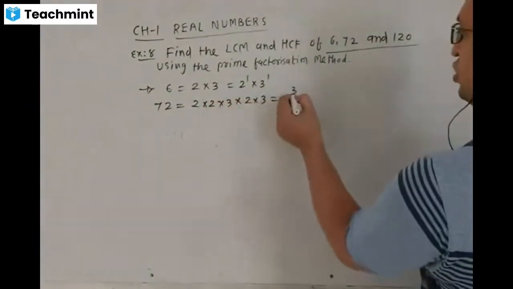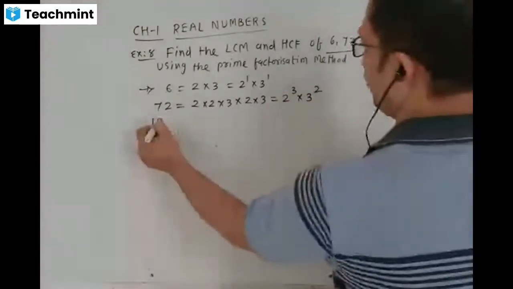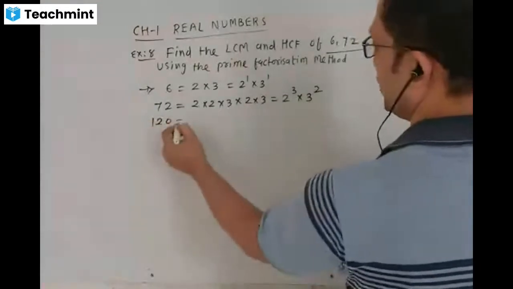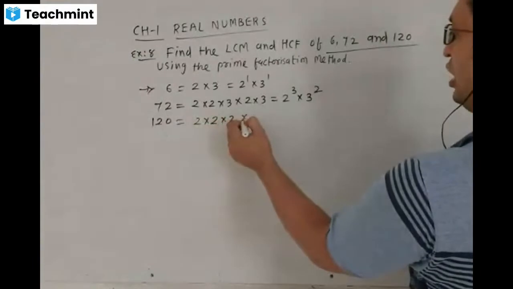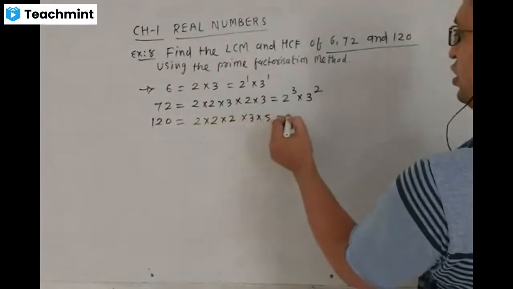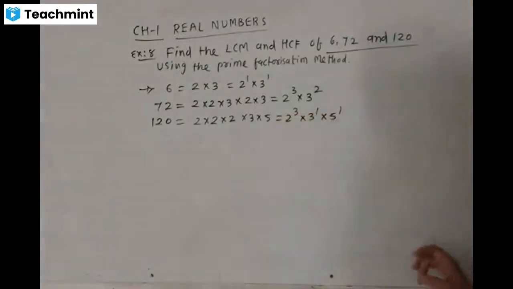How many times 2? 3 times. How many times 3? 2 times. And prime factor of 120: 15 times 8, that is 2 into 2 into 2 and 3 into 5. That is 2 raised to 3, 3 raised to 1, 5 raised to 1.